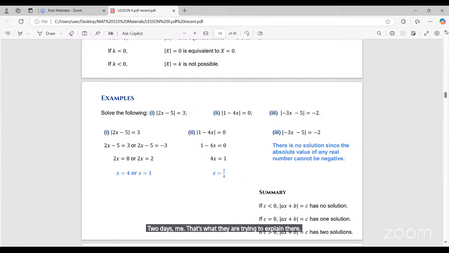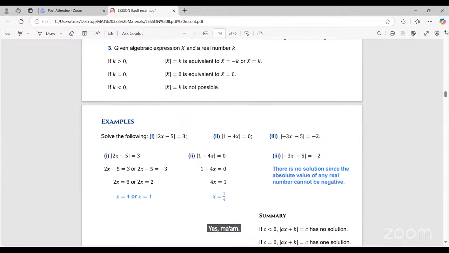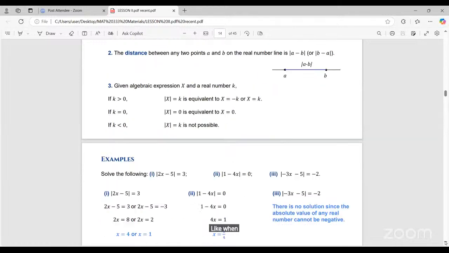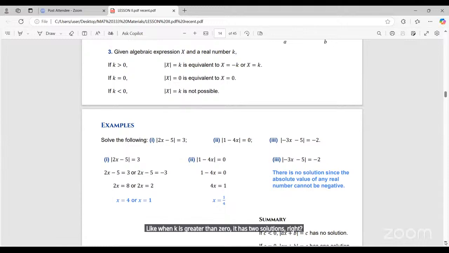So when k is greater than 0, it has two solutions. The first one says when the absolute value is less than k, it has two solutions.